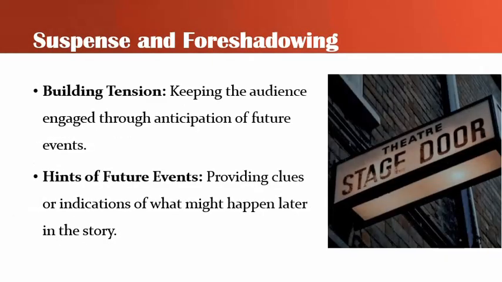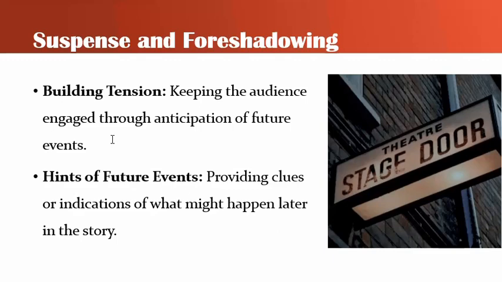And the next one is suspense and foreshadowing. We already talked a bit about this earlier. That is, building tension is very much important in a play. To keep the audience engaged, we need to build the tension in the play.